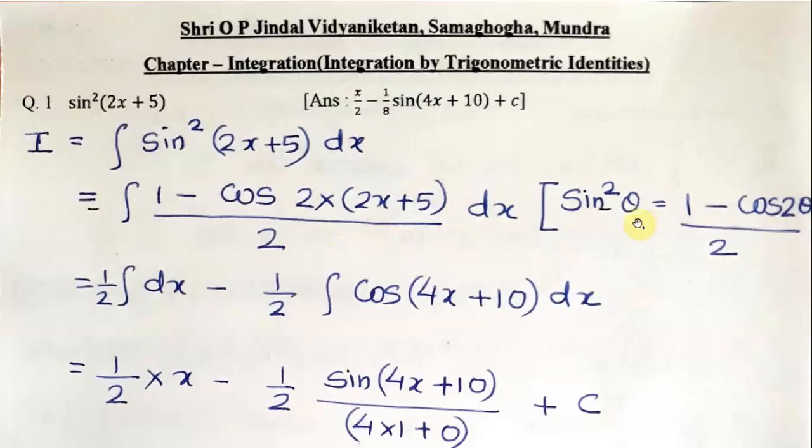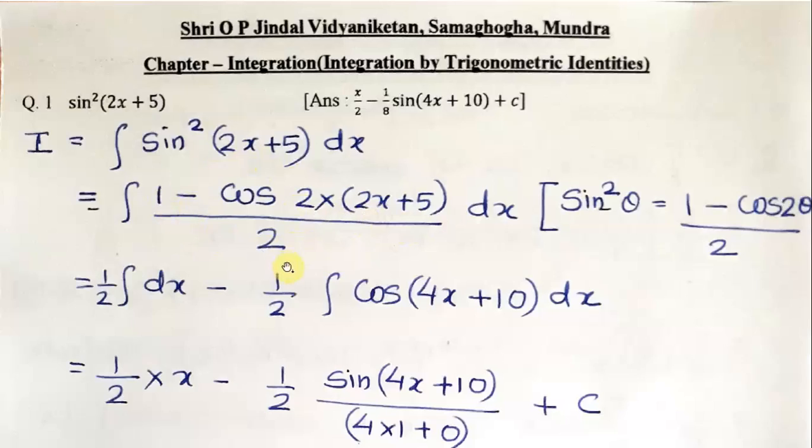Now according to the formula here, theta I am getting, and double of theta is coming, means 2 theta is coming in the place of cos. So here my value of theta is 2x plus 5. So 2 into 2x plus 5 will come, because value of theta I am keeping in the formula. Now 2 will multiply inside, and this 2 in the denominator I am separating with the terms of numerator.